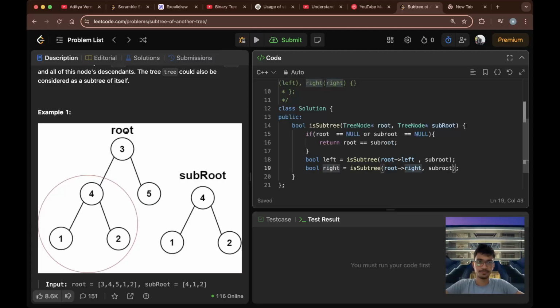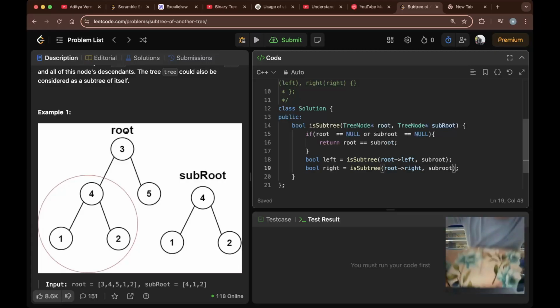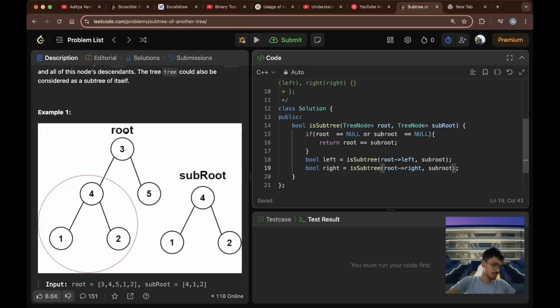Any of them will give us true. Let us try to write it because it will be helpful. Where is the pen? Found it. So there is a root.